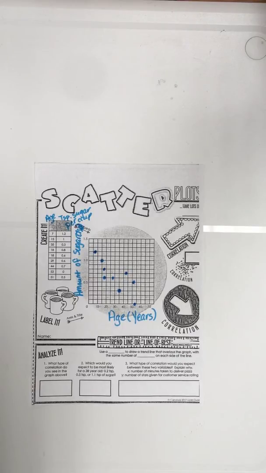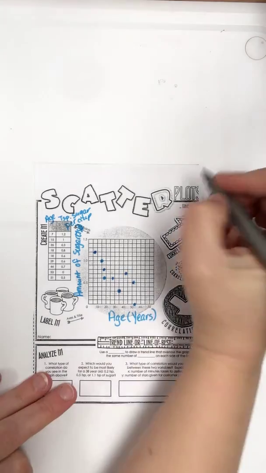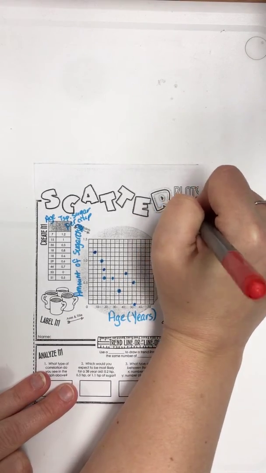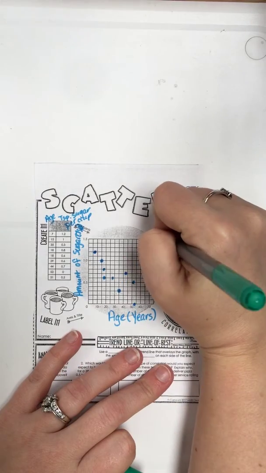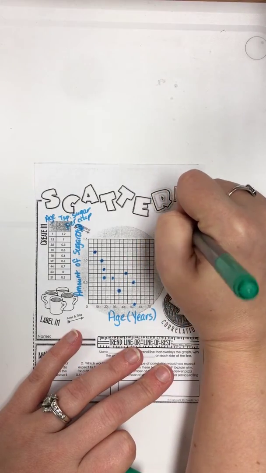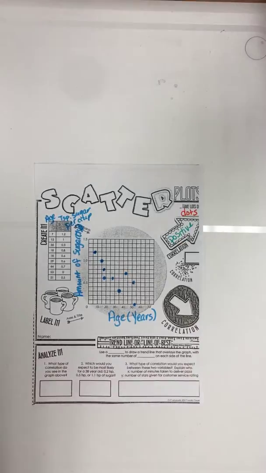We're going to talk about the correlation, and so scatter plots have lots of dots, and those dots can be one of 3 different correlations. So we can say that there is a positive correlation, and that means it's going up.